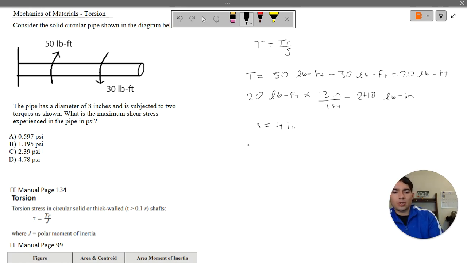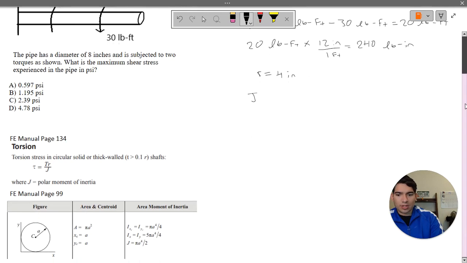The next thing we need to do is we need to get the polar moment of inertia for the pipe. So in this case, the formula, as you can see here, is J equals pi. Down here it says A to the fourth. A stands for the radius. So the radius to the fourth all over 2.